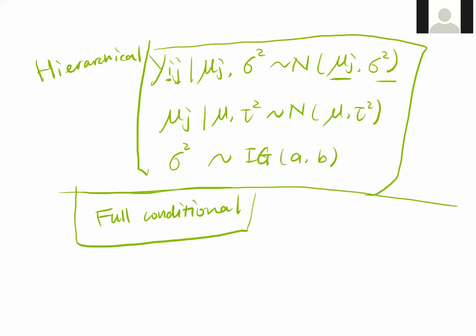So that's why I was saying if you look at midterm 1, that would be the indicator of the difficulty level of the derivation you are expected to do. If I give you the likelihood or the data model, you should be able to write the likelihood. If I give you the prior in various ways, you should be able to write the joint prior. Then you multiply them together to get the joint posterior and do the full conditionals one by one.